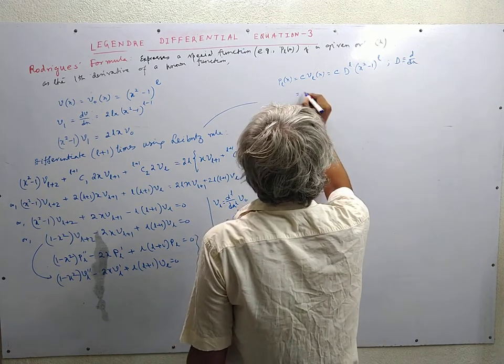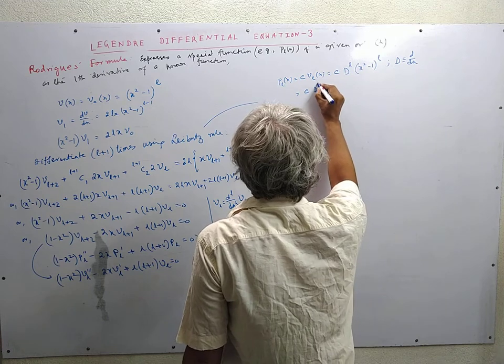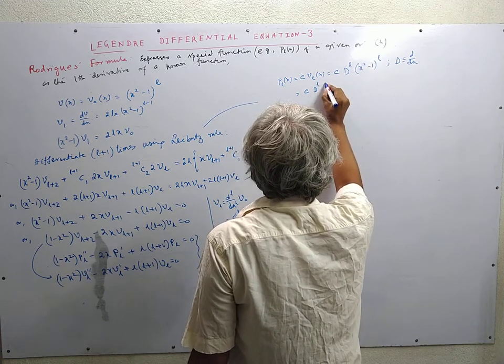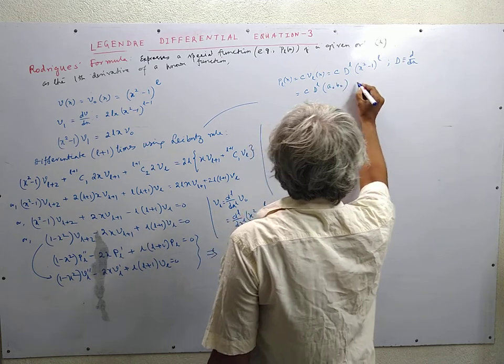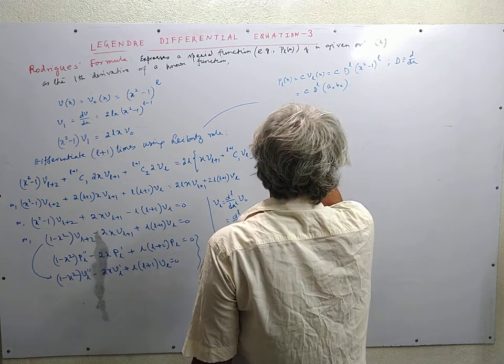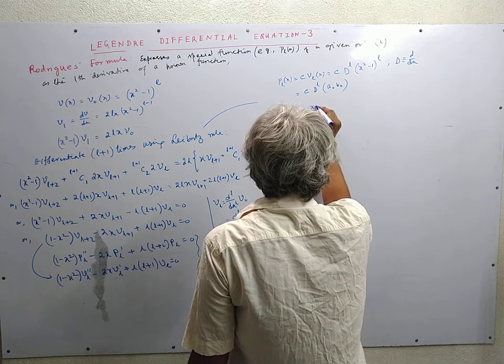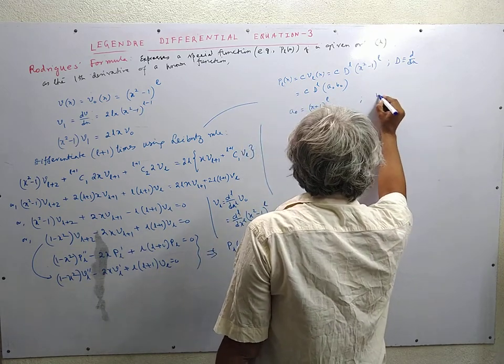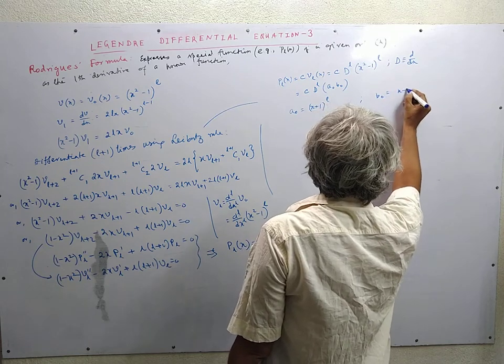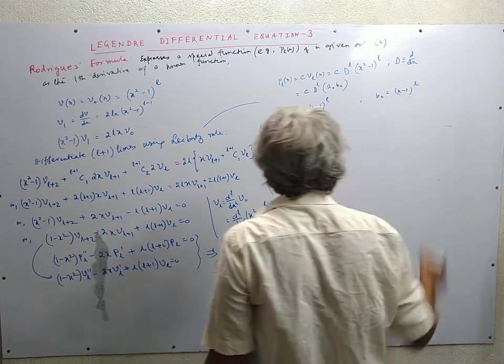We write it as C d to the power L operating on A0 B0, where we define A0 to be x plus 1 to the power L and B0 to be x minus 1 to the power L.